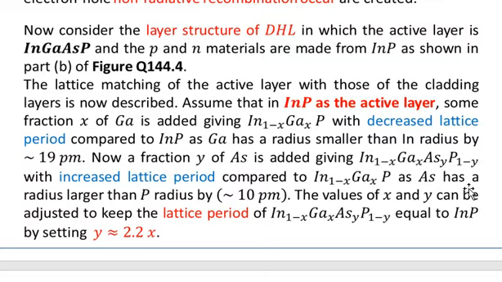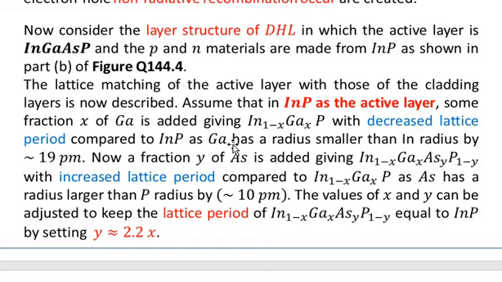For example, the arsenide has a radius larger than phosphate by the order of 10 picometer, whereas gallium is added, giving a decreased lattice period compared to indium phosphate, as gallium has a radius smaller than the indium radius by the order of 19 picometer.